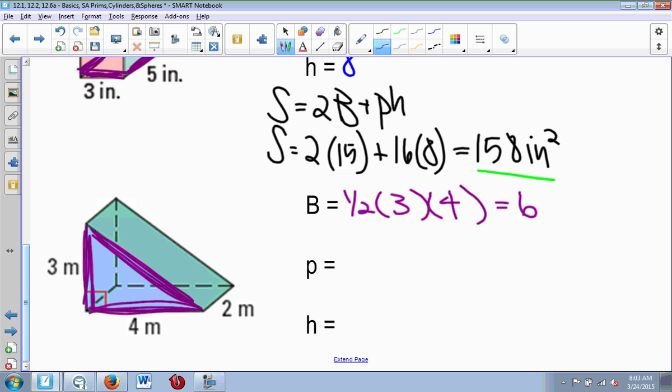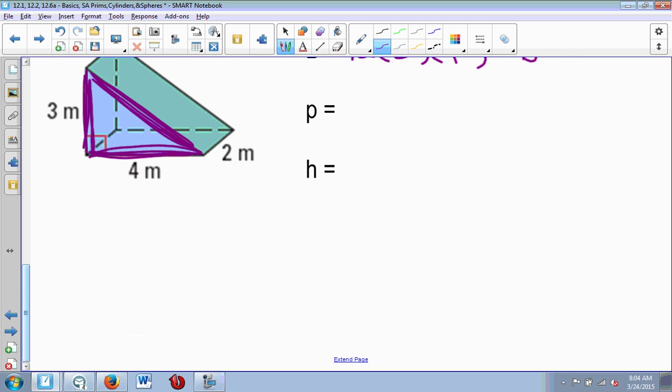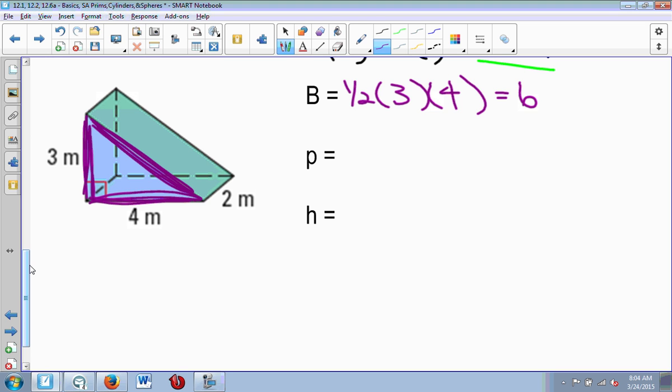The perimeter of the triangle would involve adding up all 3 sides of the triangle. Well, notice that we only know 2 of the sides of the triangle. So if I need to figure out what that third side is, I'm going to have to use the Pythagorean theorem, or I'm just going to need to notice that that third side is part of a Pythagorean triple. If you don't know your triples, you can always do the Pythagorean theorem.